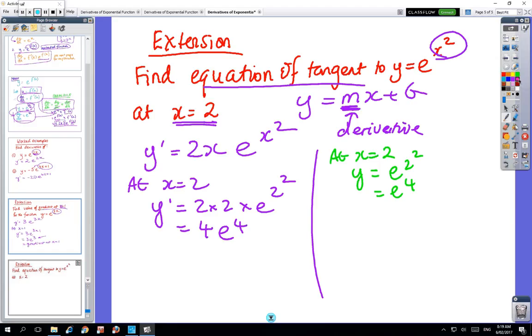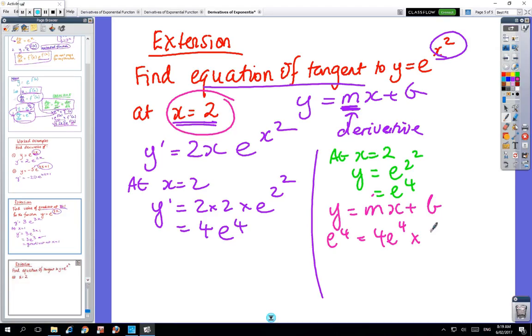And then I'm going to put y equals mx plus b. So e to the 4, that value, equals 4e to the 4 times the x value, which is 2, plus b. We've just got to find the value of b, and then we finish the question. So e to the 4 equals 8e to the 4 plus b. So b equals minus 7e to the 4.